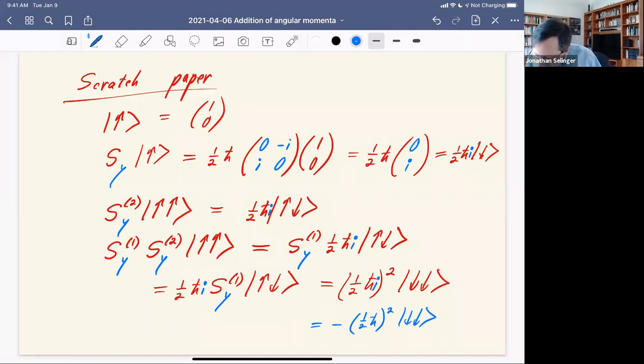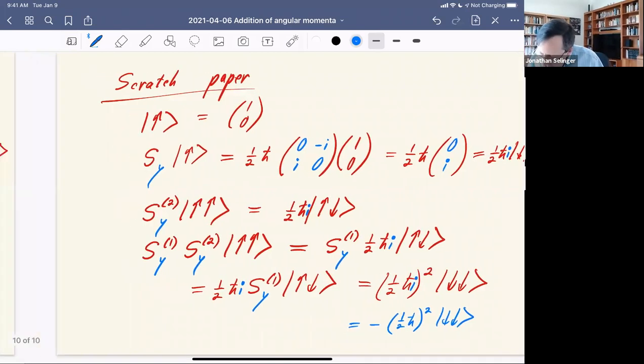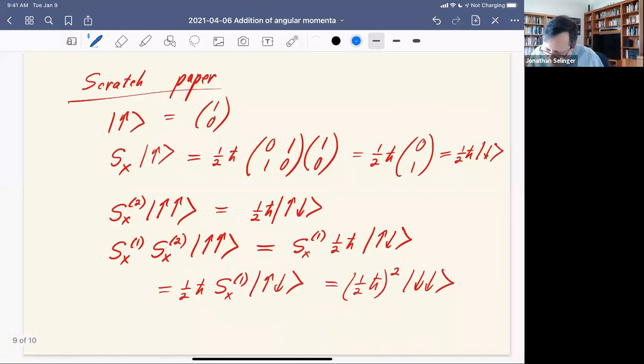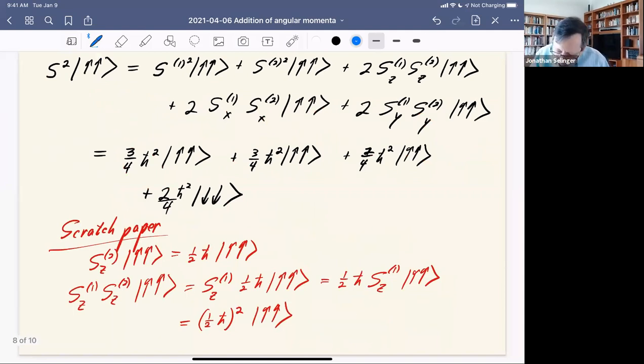So that tells us the last term. The last term then is going to be negative 2 h bar squared over 4 times the state down, down. So what do we get? We notice that the last two terms cancel each other.